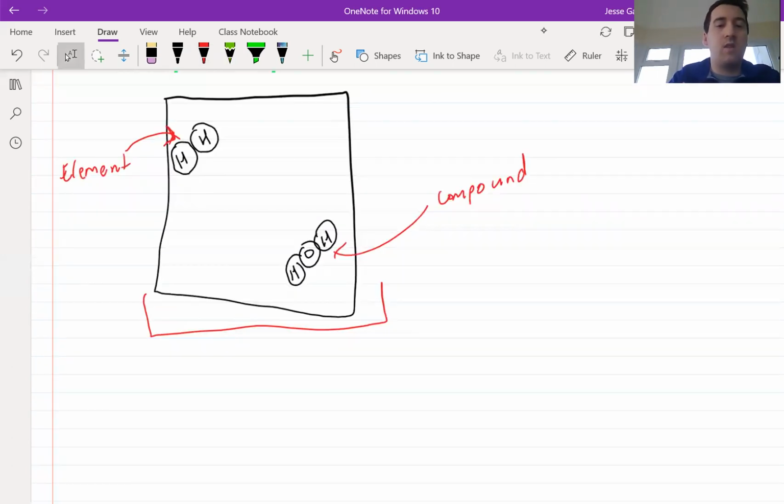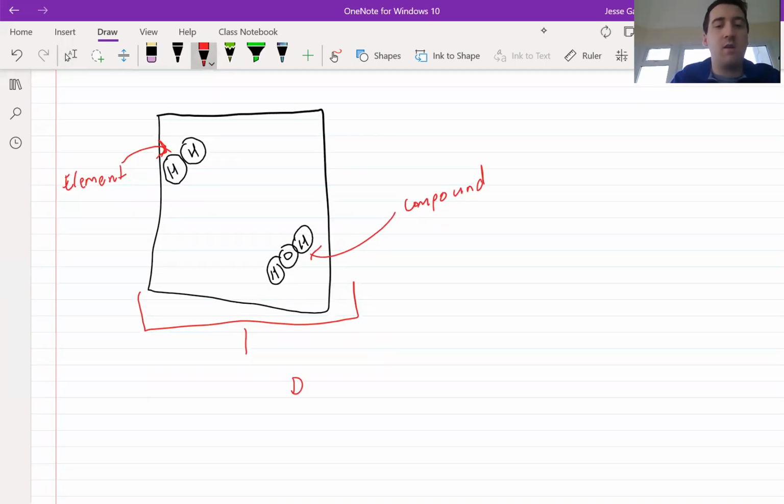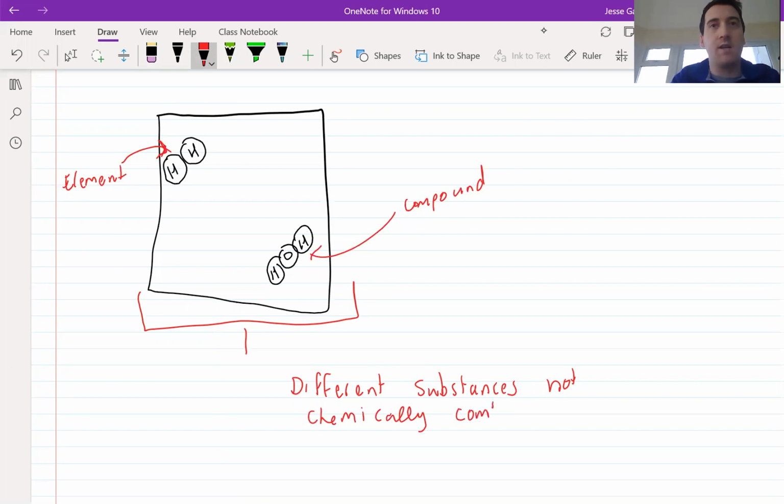But if I was to ask you what's in the box, well, the box contains different substances. It's got this hydrogen up at the top and it's got water down at the bottom, but they are not chemically combined to each other. We've got different substances not chemically bonded.